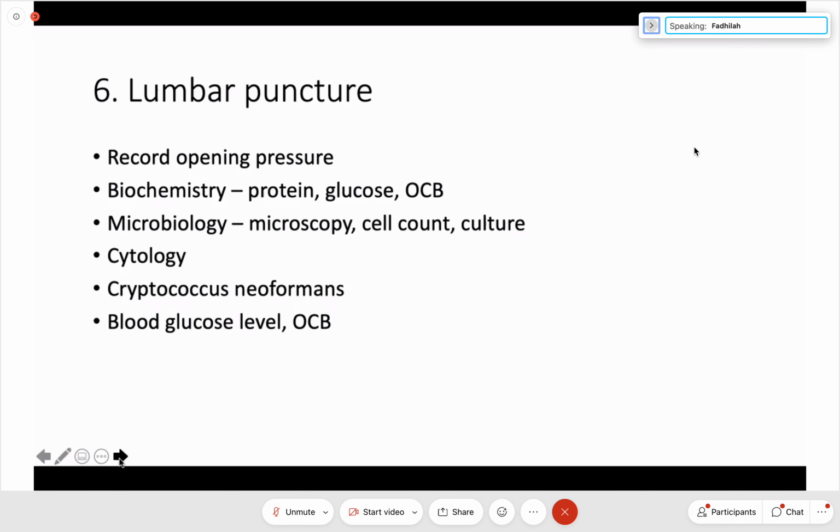Let's say if you get a level in the serum and the level in the CSF is so high, it may mean that the OCB in the CSF is being produced intrathecally. So it may suggest that the patient has got a CNS disease.